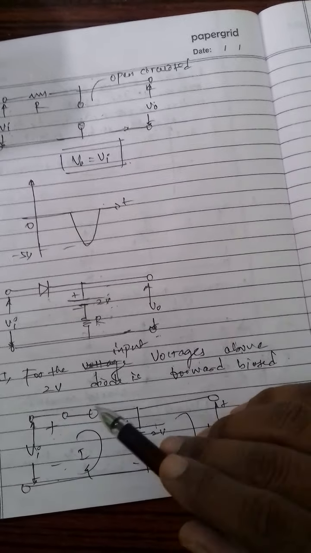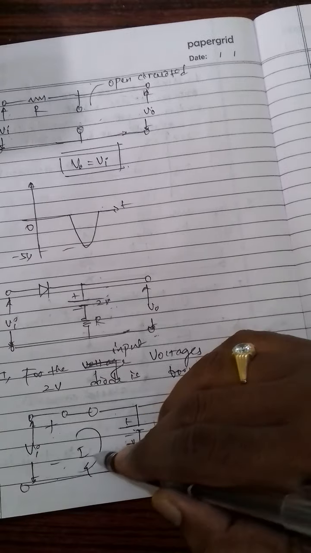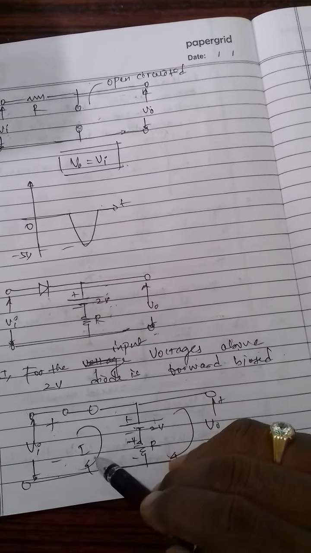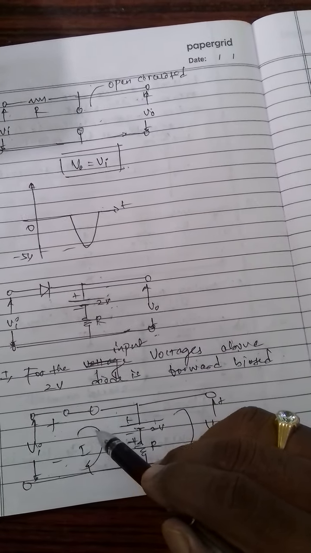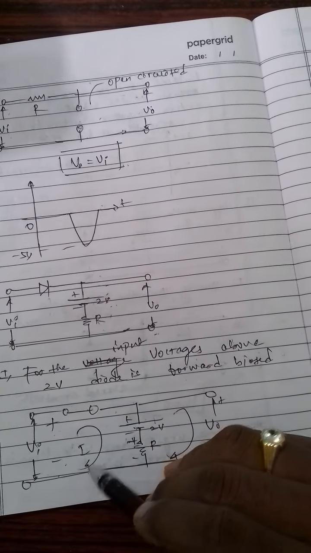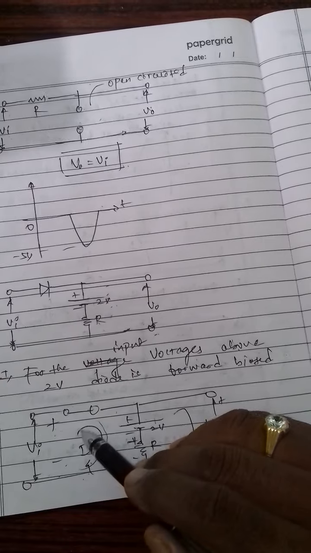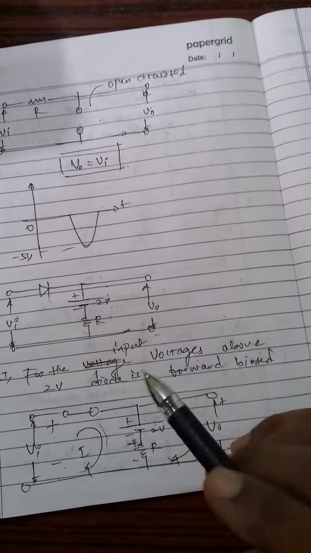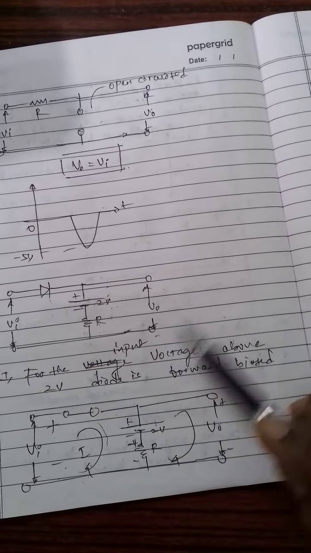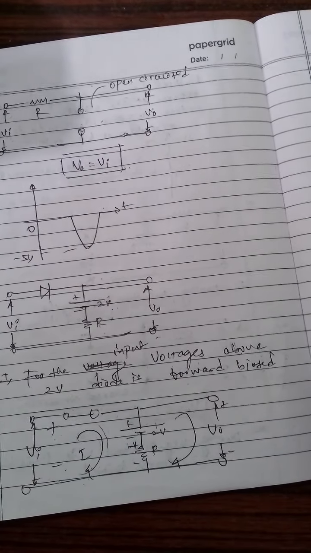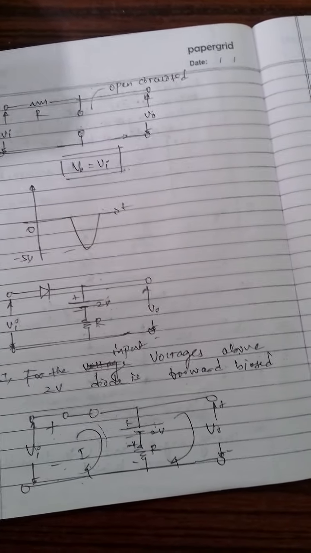Now this circuit forms a loop, so in the closed loop there is a flow of current I. Now you have to analyze the circuit to determine the output voltage.